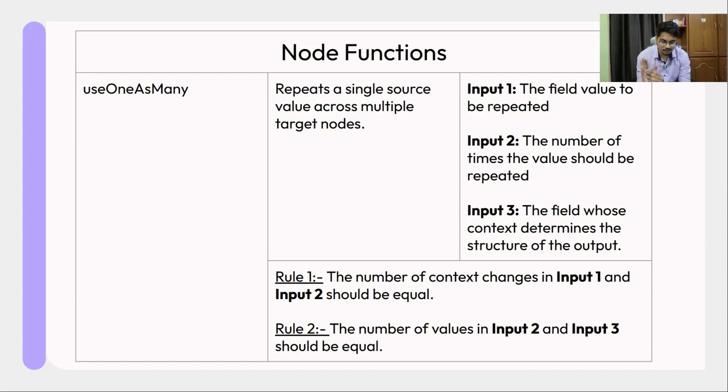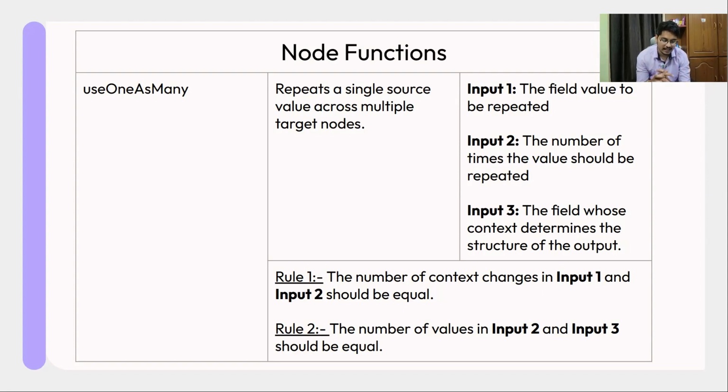The third and last one, the field whose context determines the structure of the output. So you have to provide the reference of your target context here. So from the source, you have item ID and product ID, right? So we can use any of these or the quantity and other fields under the item, which has the same context as the order ID at the target. So you have to observe the target structure and the source structure as well, right? We also discussed 2 rules.